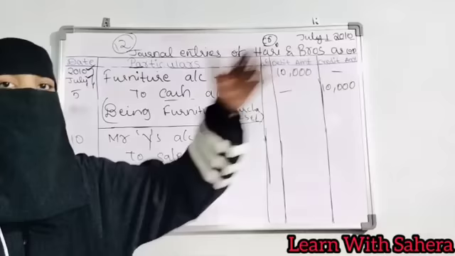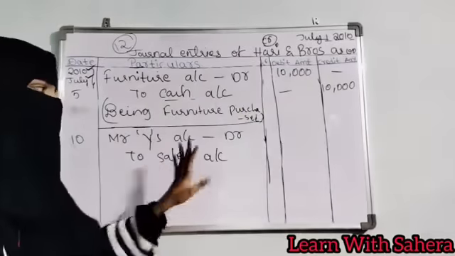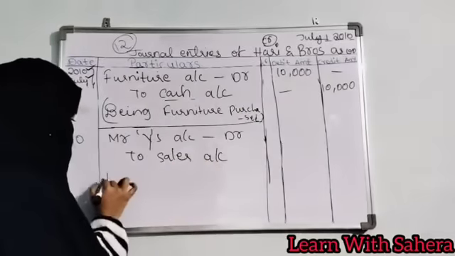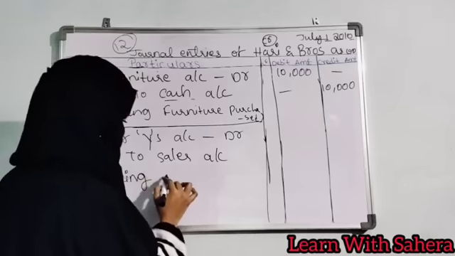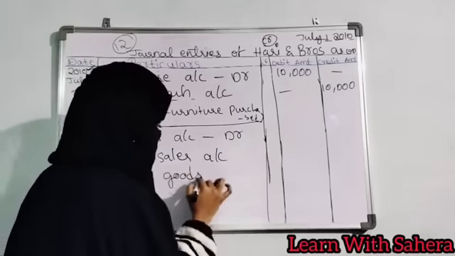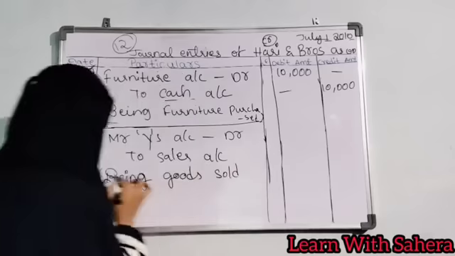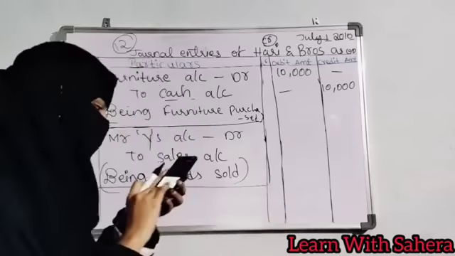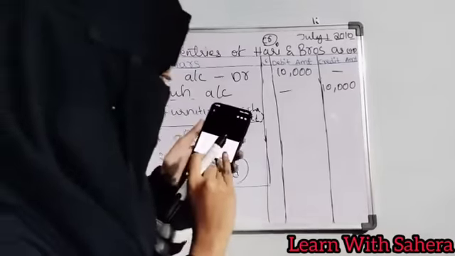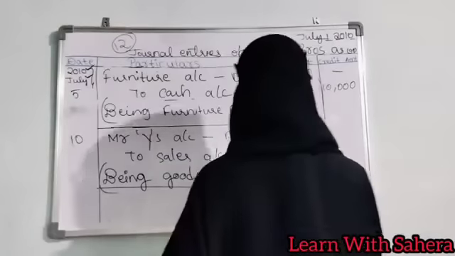Sales are going outside our company. So to sales account. Here what will be the narration? Being goods sold. This is your narration. What is the amount here, children? Amount is 9,000. Yes.